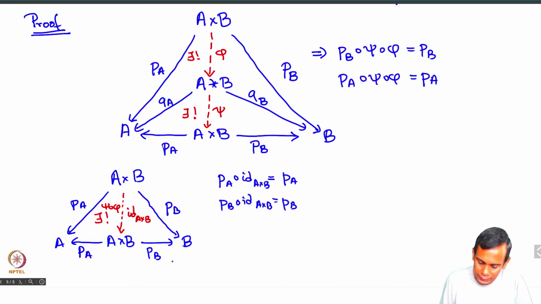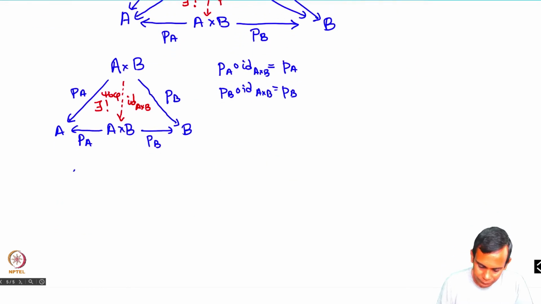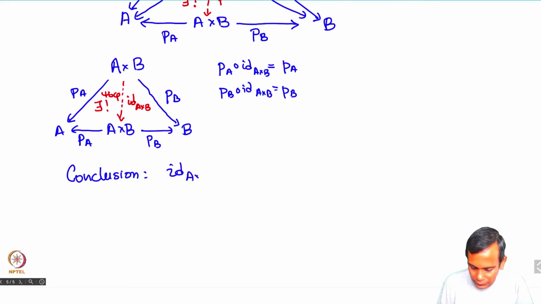Comparing these two, we get identity of A cross B is equal to psi circle phi.